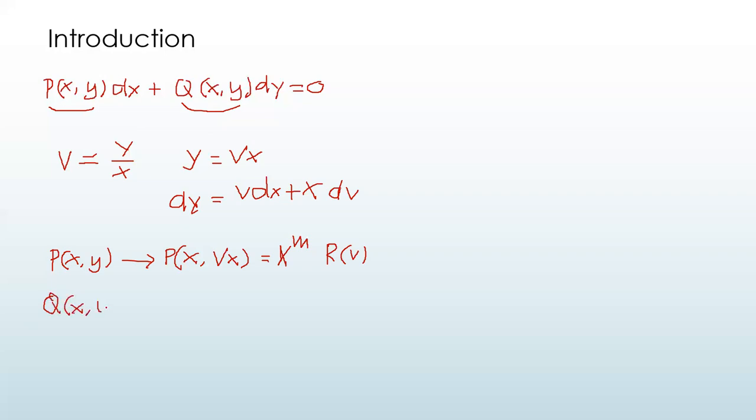Q(x,y) becomes Q(x, phi x), because y equals phi x, and the solution is x to the power m times S(phi), where S(phi) is the differentiation of Q.